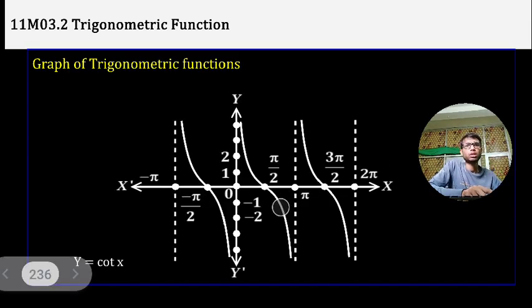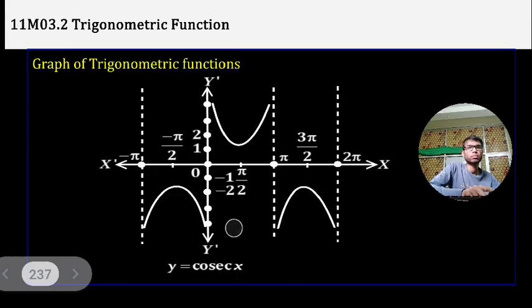Remember here, cot of this 90 will give us y infinity, and this is a real number, as we know.